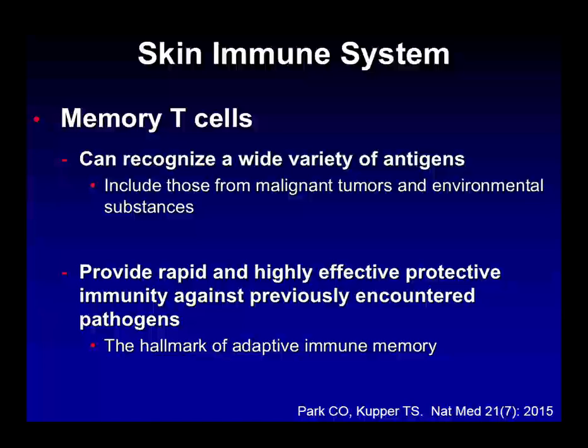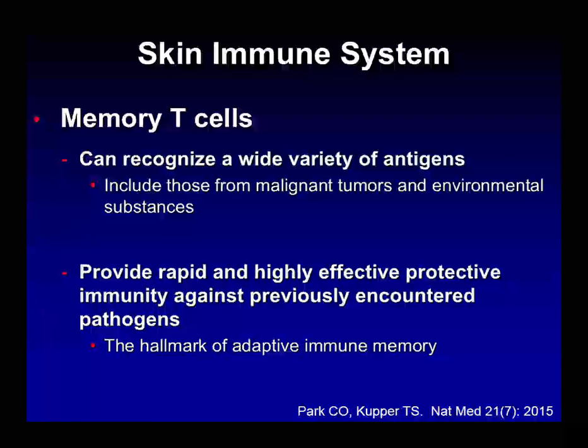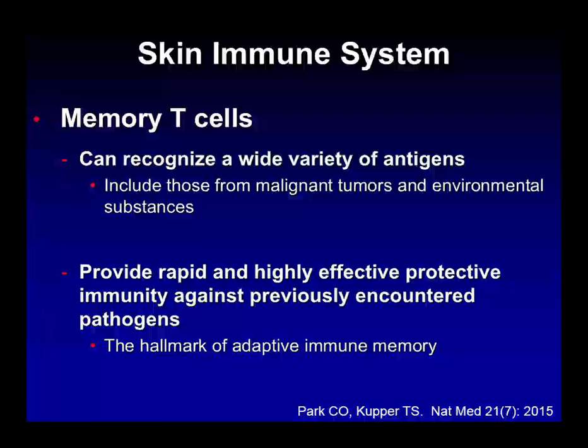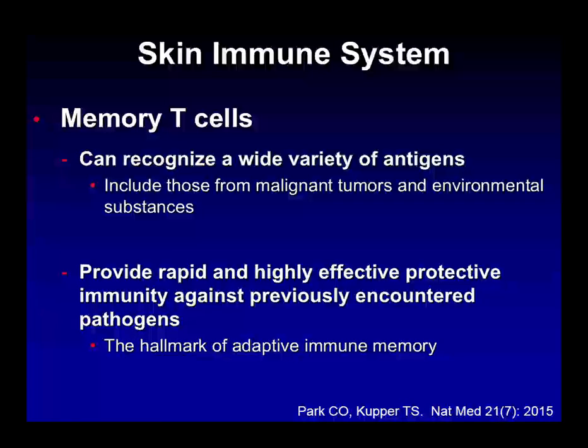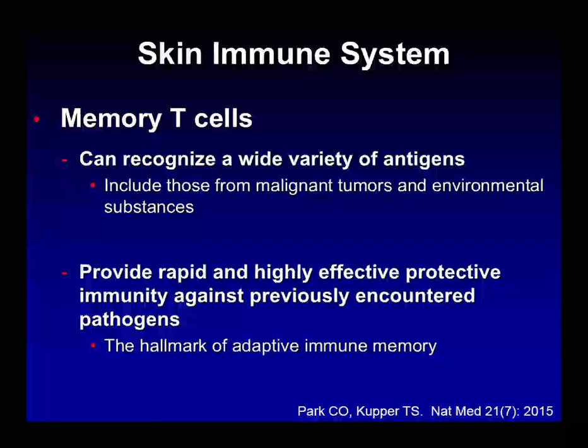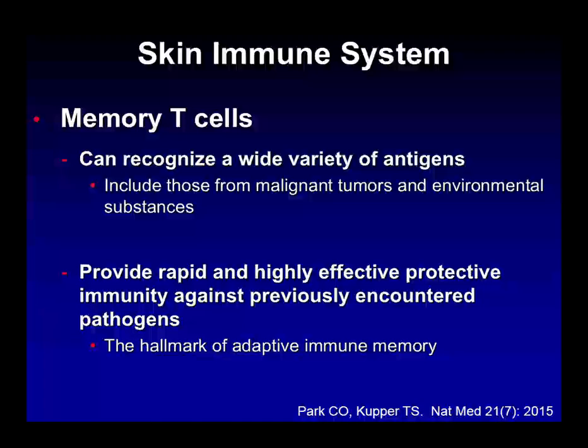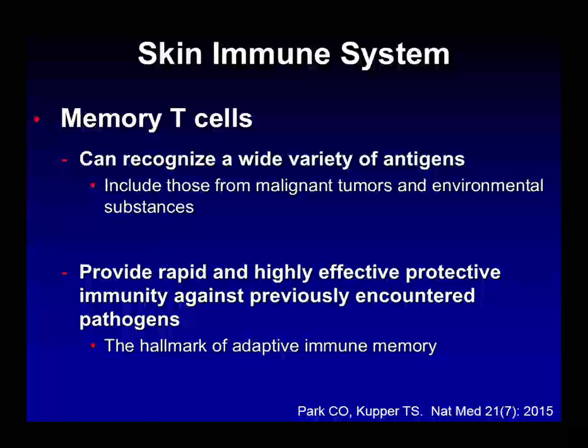And these memory T cells are able to provide very rapid and highly effective protective immunity against things that the host has been previously exposed to. In other words, they provide immunity that is the hallmark of adaptive immune memory.